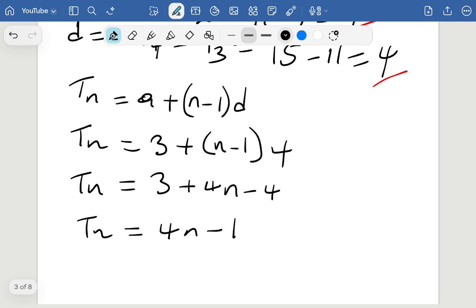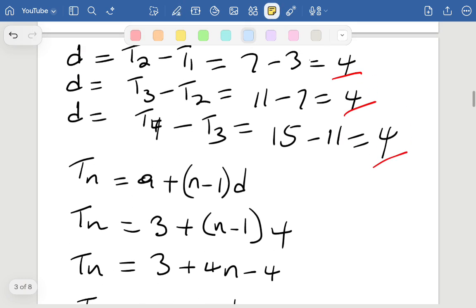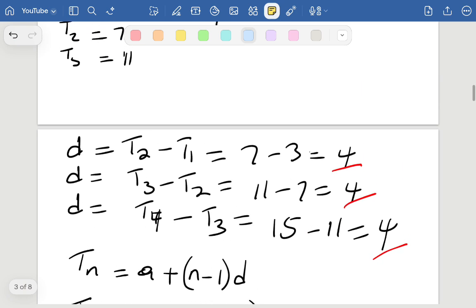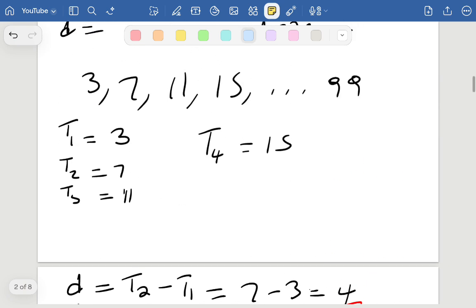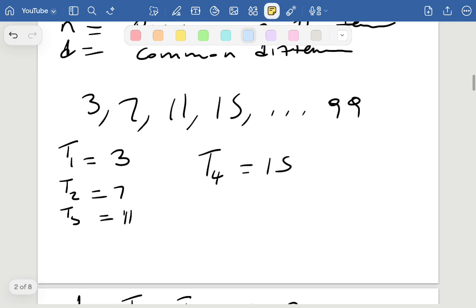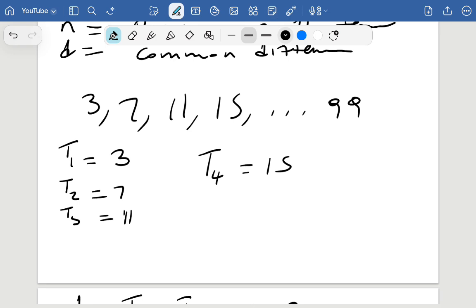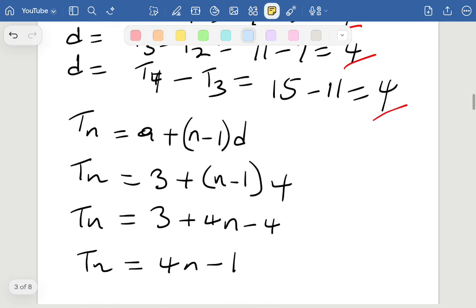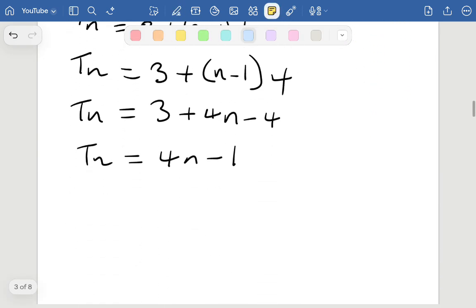Now, I said if you want to prove that indeed your T1 is 3, T2 is 7, T3 is 11, T4 is 15, that's what you are going to do, because you are going to apply that formula as we have already generated it.